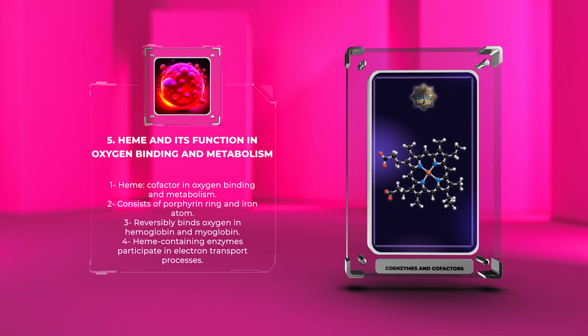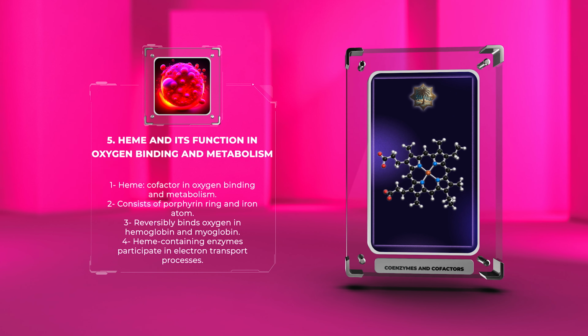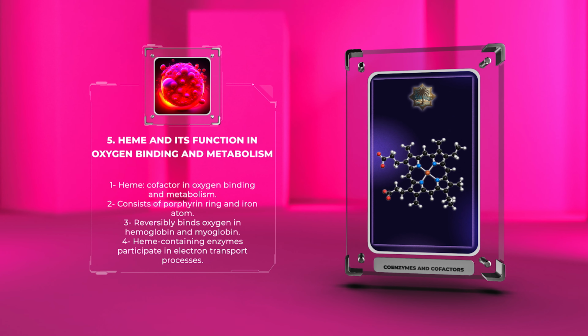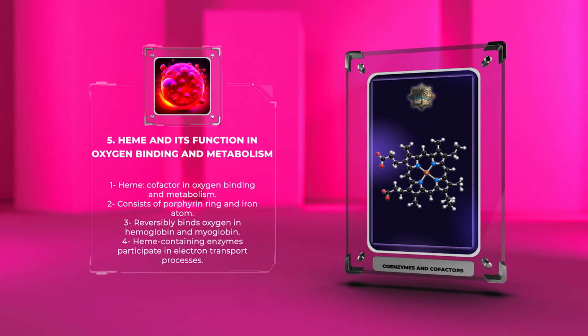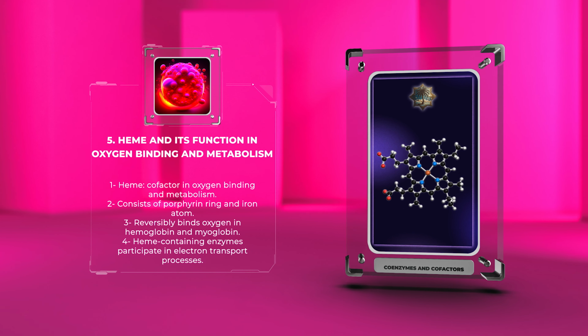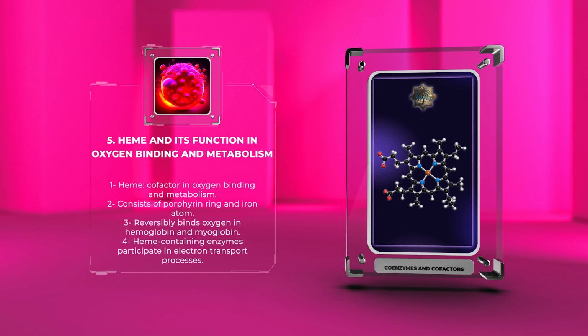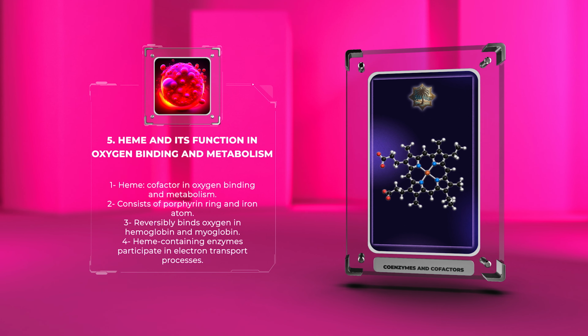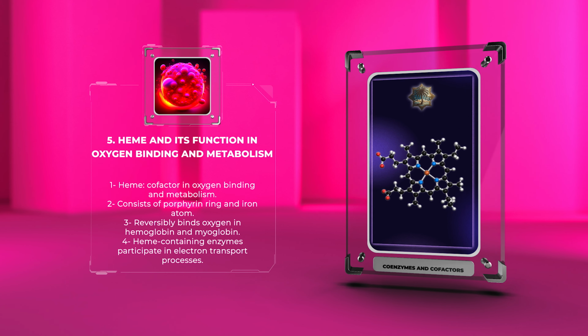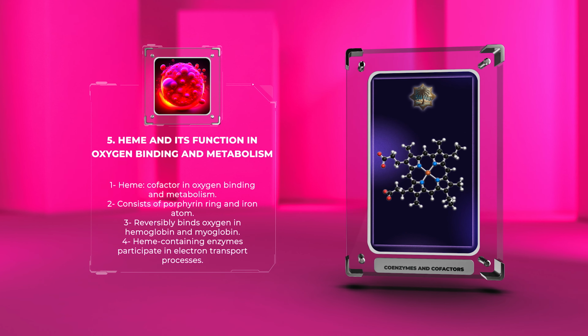In addition to oxygen binding, heme-containing enzymes, known as cytochromes, participate in electron transport processes during oxidative phosphorylation. These cytochromes, containing various heme groups, serve as electron carriers within the mitochondrial electron transport chain. Through sequential redox reactions, the heme groups facilitate the transfer of electrons and ultimately drive ATP synthesis.